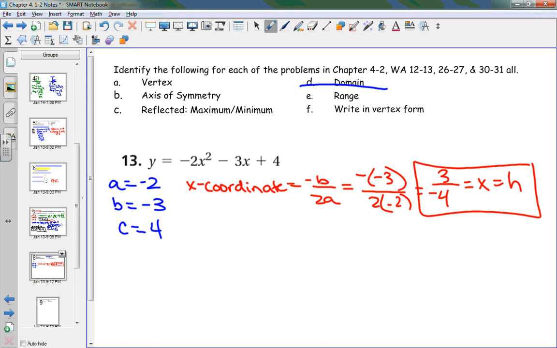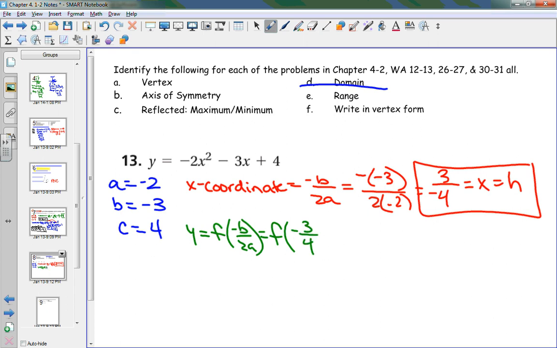So now that I found my x-coordinate, which is also known as the h of the ordered pair, vertex HK. Now what? Find my y. So y is going to be equal to f at negative b over 2a, which is going to be f at what? It would be positive 3 over negative 4.